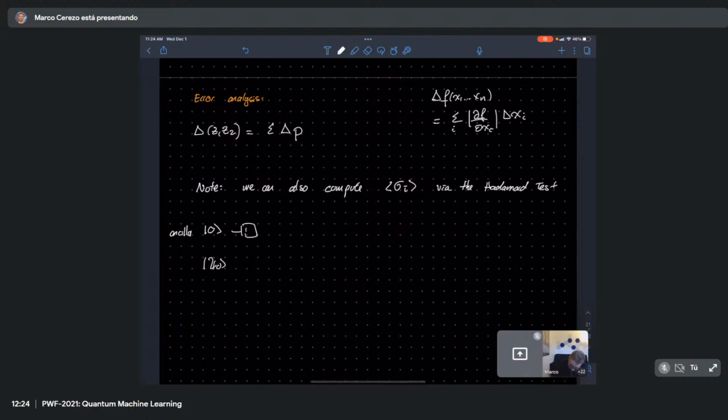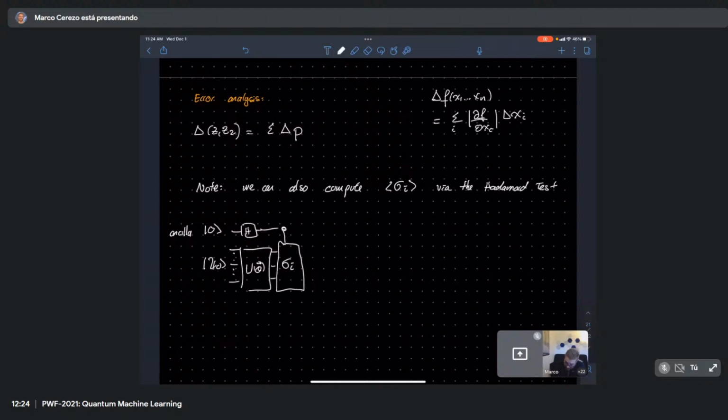We have our Hadamard. Here, we are going to send this through my U of theta. What is the unitary that I have to control now? Well, it's very simple. I just have to control the unitary that is sigma i.